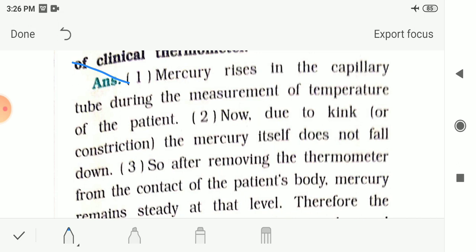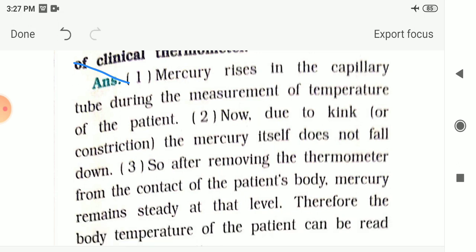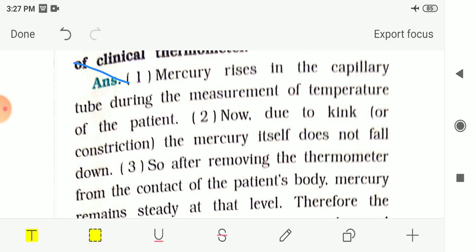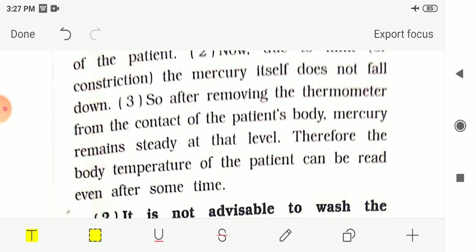Now due to the kink or constriction, the mercury itself does not fall down. If the kink were not there, then while removing the thermometer from the mouth, the mercury would fall down. So to prevent this, the kink is present in the clinical thermometer.